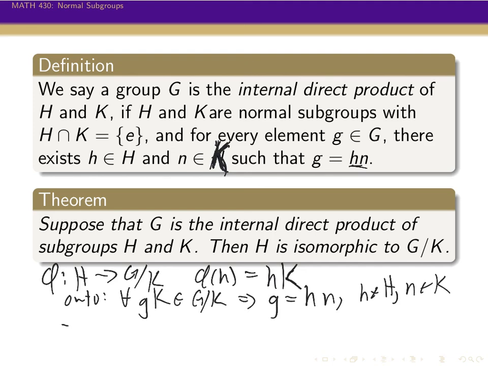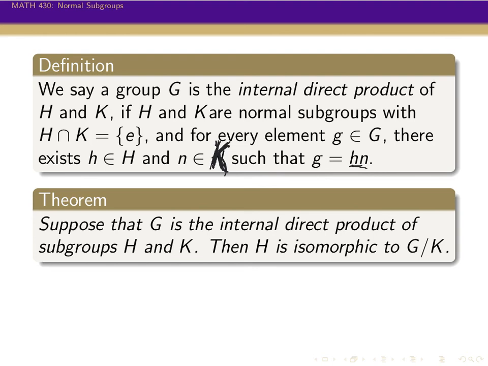And so then that means that the left coset gK is equal to the left coset hK. So for this h, phi of h is equal to gK. And so again, this is using that cosets are equivalence classes. And so this gets us what we want.